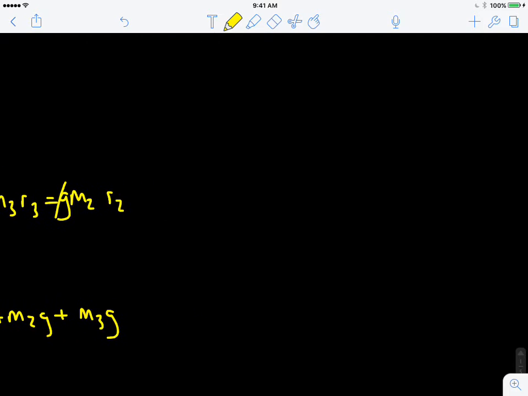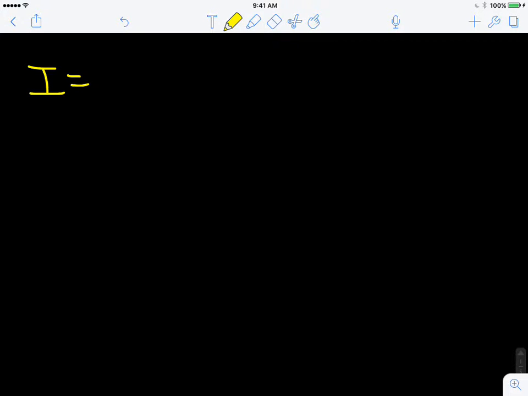Okay, and then moving on to moment of inertia. Basically, the moment of inertia, which is given the capital I, is a quantitative way to tell you how the mass is distributed. So we know that there's the sum of the mr squared.